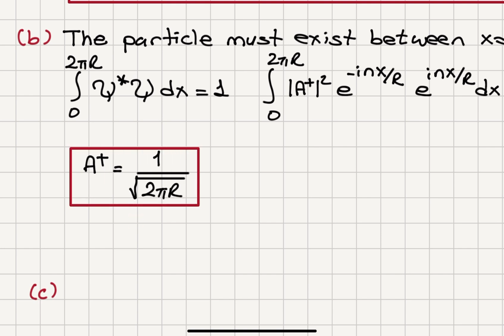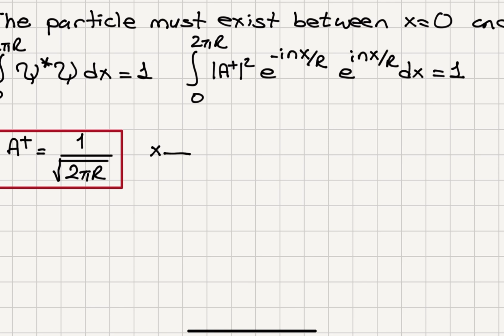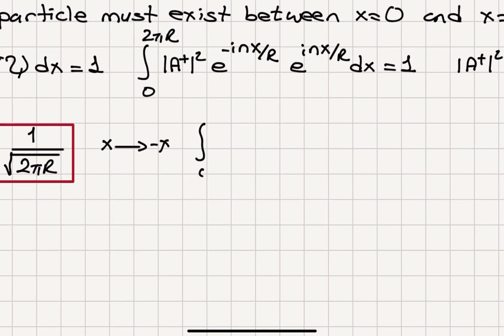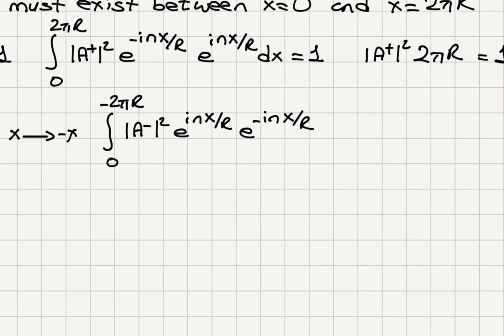This is a plus. And if x goes to minus x, I have the integral from 0 to minus 2 pi r in the clockwise direction. That is a minus square e to the i n x over capital R, e to the minus i n x over capital R. That's x over capital R is theta. And here I have minus dx is equal to 1.